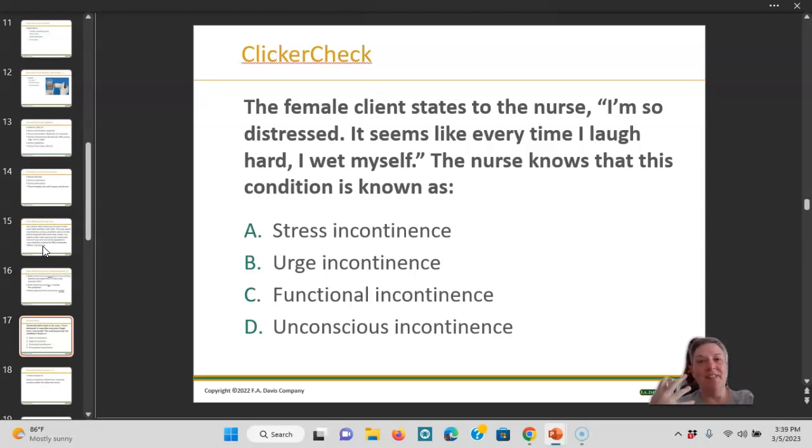This happens to women that have had a child or two because their muscles are not tight anymore. Think about what we talk about with moms. Kegel exercises. Kegel exercises help strengthen the pelvic floor. If you put stress on the bladder, it's going to leak if it's weak. Okay.